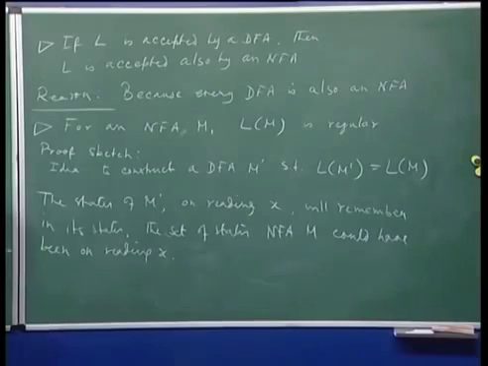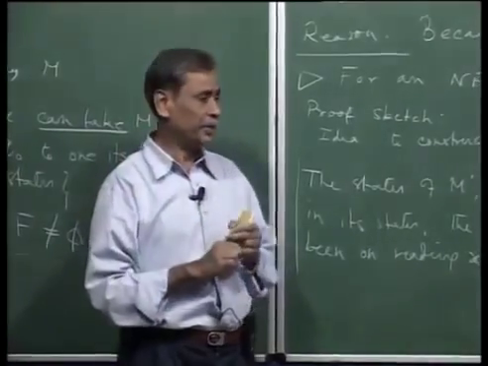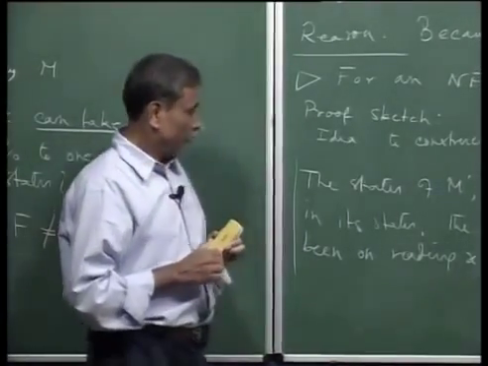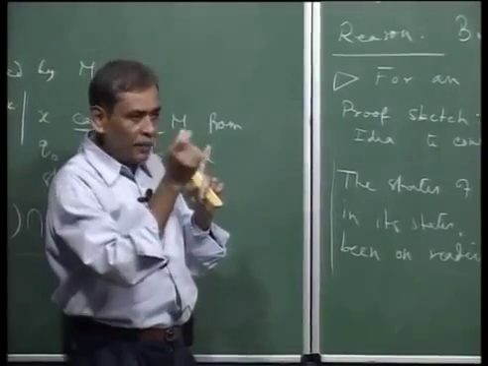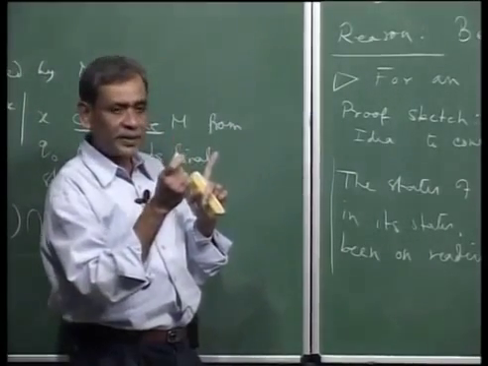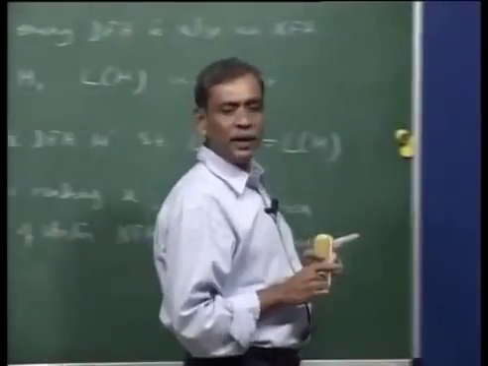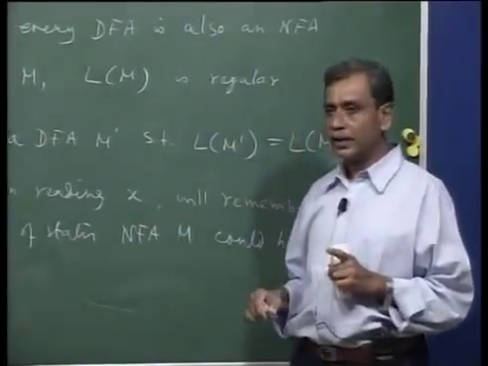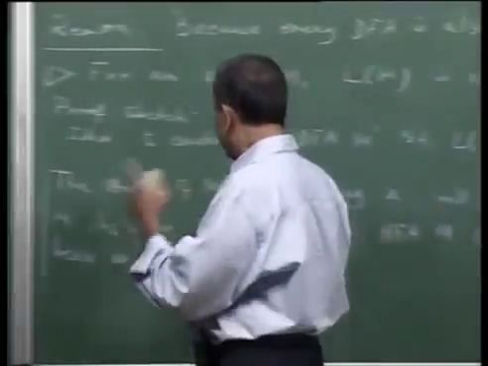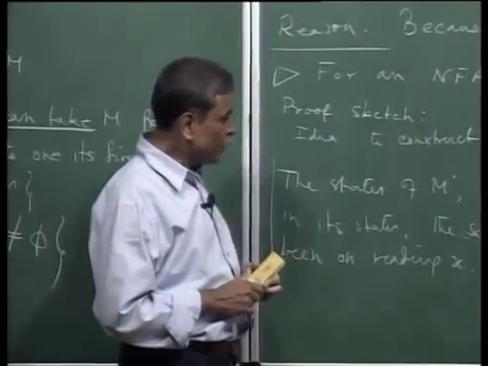Now, why should this idea work? This is the invariant the DFA will keep fixed, that it will remember in one of its states precisely the set of states the NFA could have been in on reading the string X. You see, the total amount of information is finite. Why?